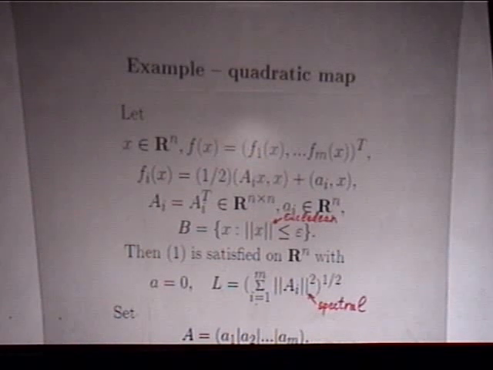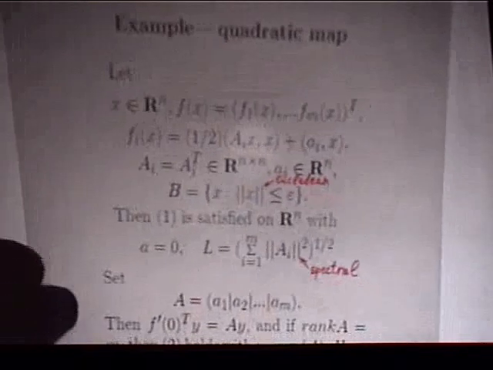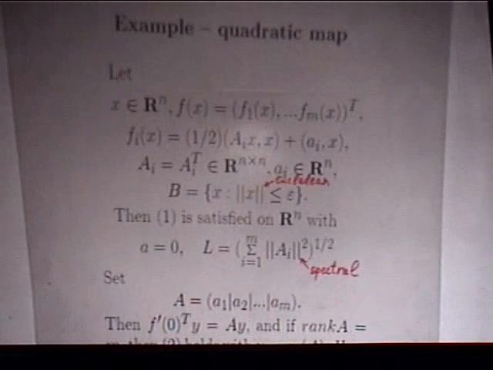So the map F has these quadratic components. It is a map from n-dimensional space to m-dimensional space. The only assumption we need in this case is that the linear parts of our functions, the a_i, are linearly independent.